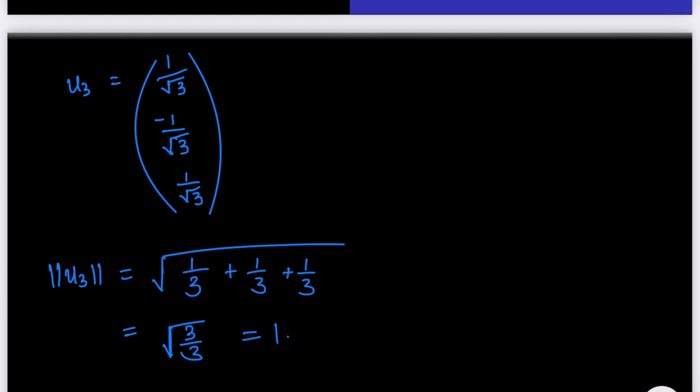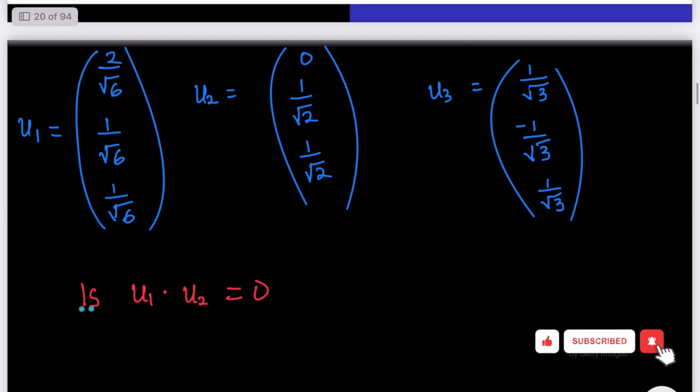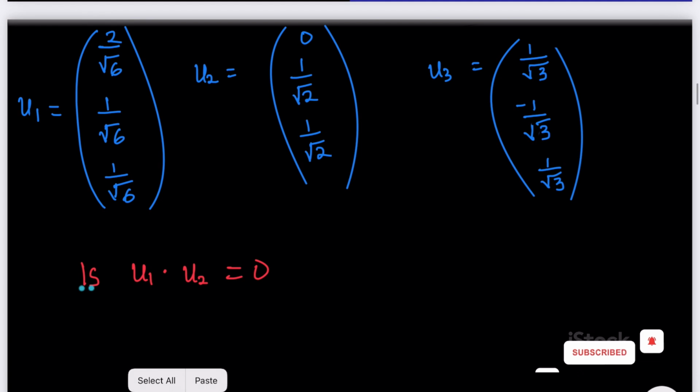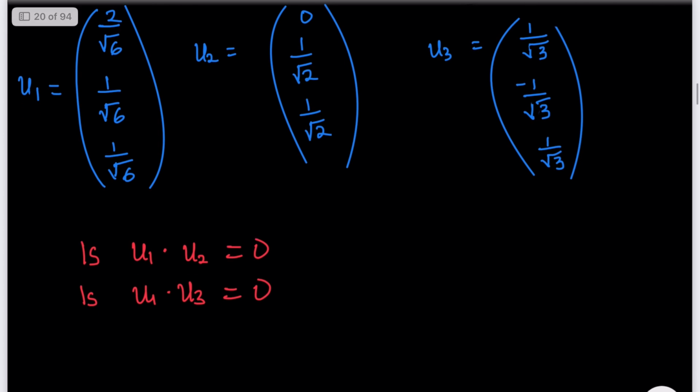Now the next condition is, are these vectors orthogonal? So let's verify the second condition. The questions are: is u1 dot u2 equal to 0, is u1 dot u3 equal to 0, and finally is u2 dot u3 equal to 0?